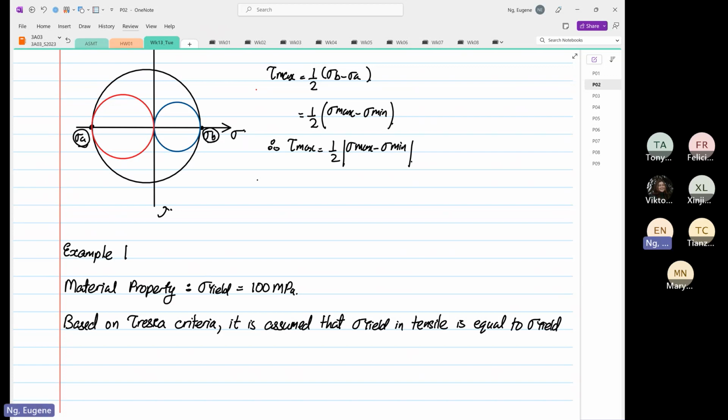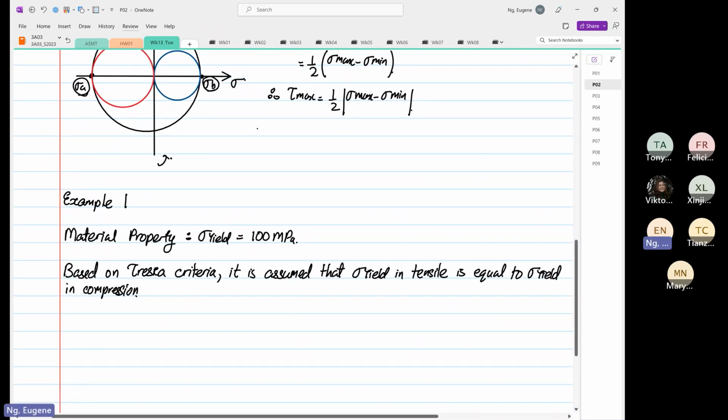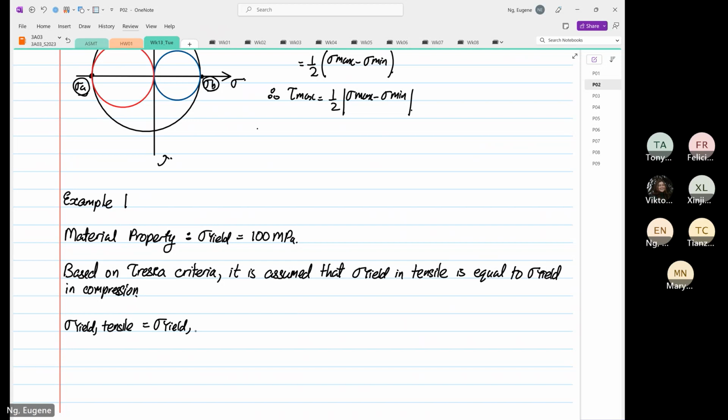This is the condition that it makes. So what it means is, based on Tresca criteria, stress yield in tensile is equal to stress yield in compression.